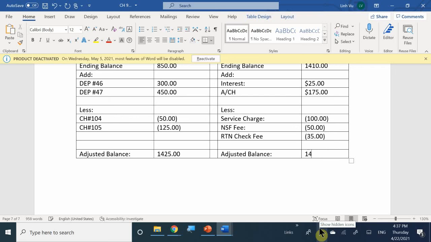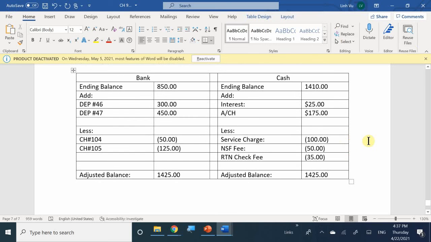It checks out, because we add the interest, and then we subtract the service charge, the fees, and the return check, and we end up with 1425. Good, right? We start with 1410 plus 200, that gives 1610, minus 185 gives you 1425. Oh yeah, I forgot to put interest.